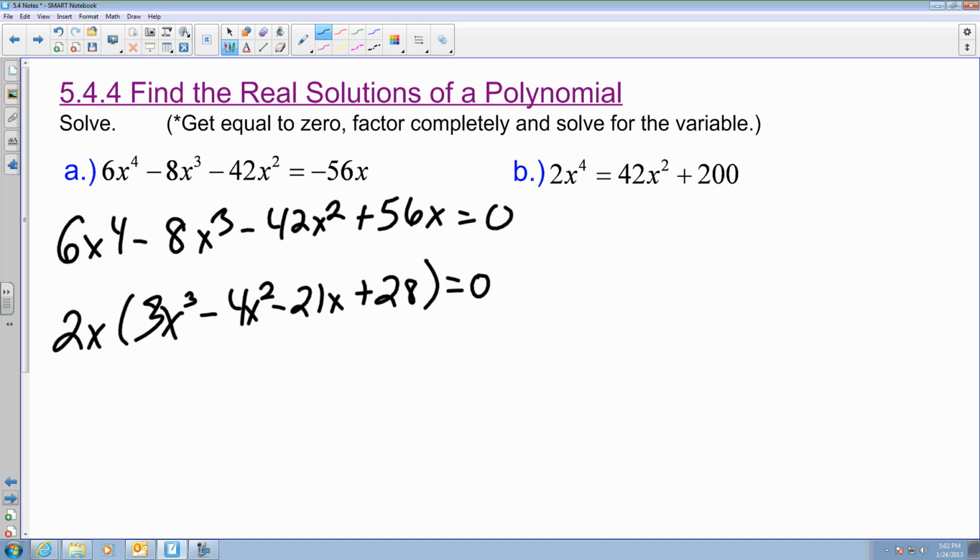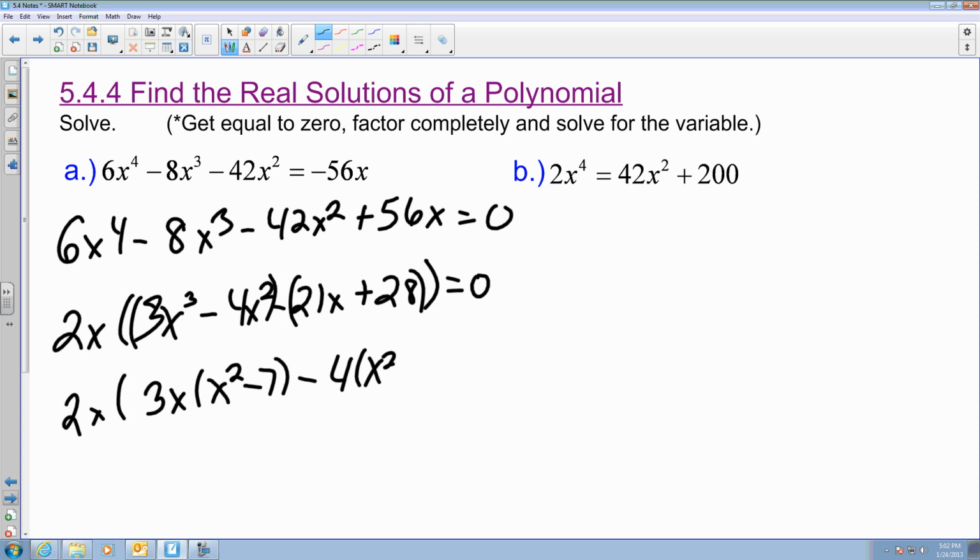Now I'm thinking I can do grouping like I did in other things in this section. And so I'm going to say 2x here, and I can factor out a 3x here. That leaves me with x squared minus 7. Minus, I can factor out a 4 here. There's a square here, I'm sorry.